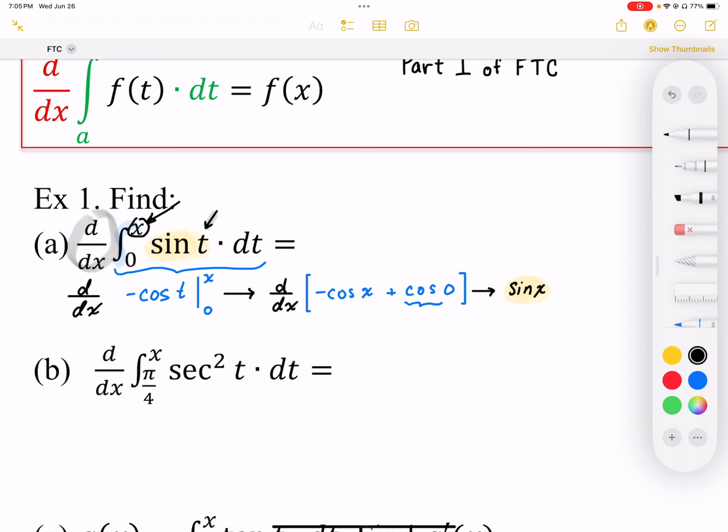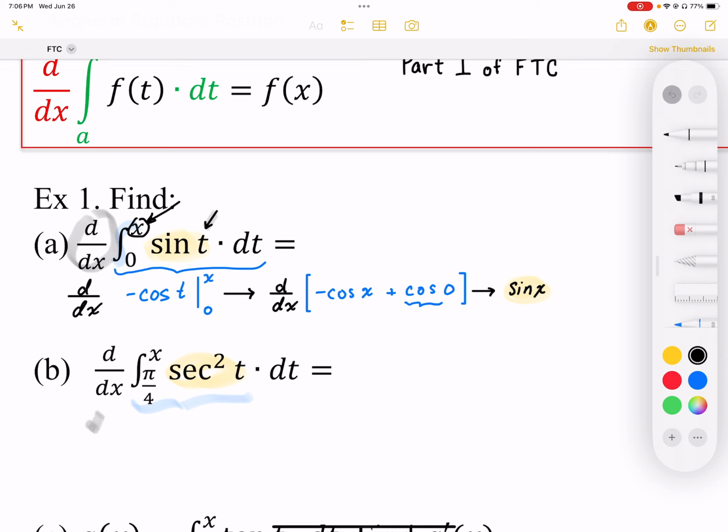Okay, so let's try this to see what happens here. I should expect to end up with the original function that I start with. So this is my integrand, and I'm going to integrate and differentiate. So again, applying this, here's my integral expression.